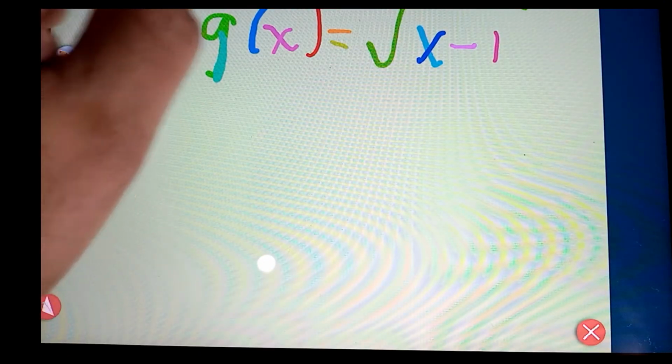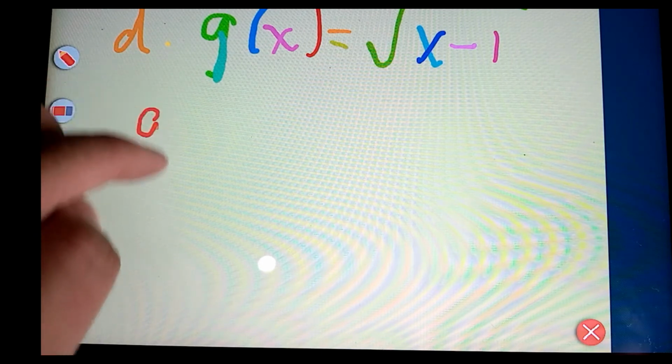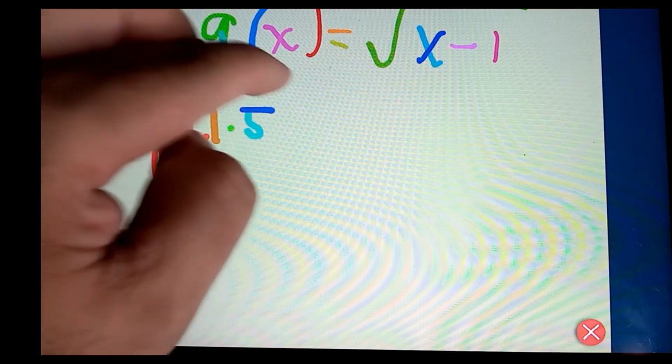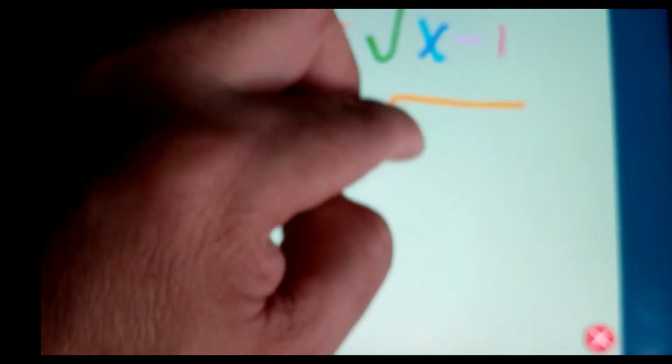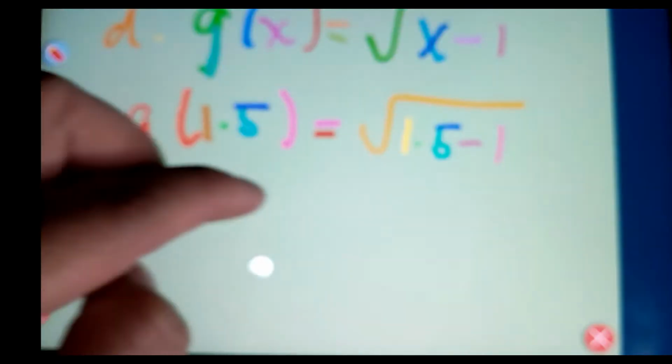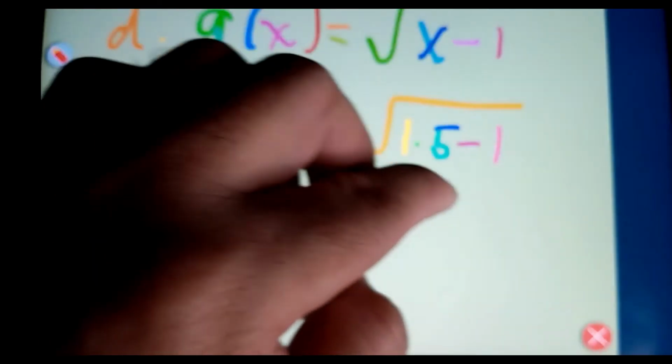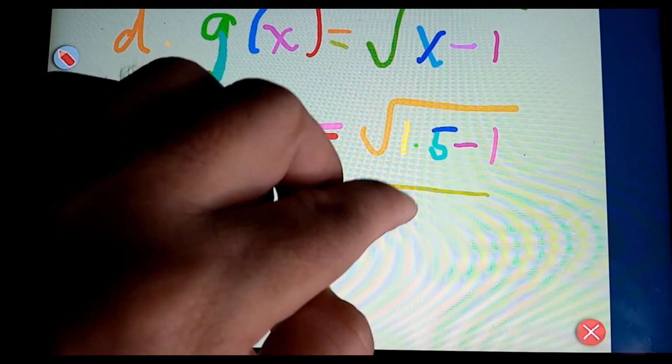So replacing 1.5 for x, Q of 1.5 equals square root of 1.5 minus 1, and 1.5 minus 1 is 0.5.